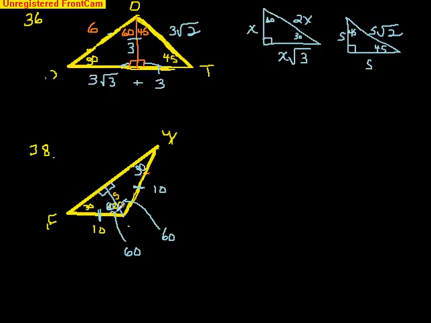So this side, the one opposite the 60, is whatever the one opposite 30 is, 5 times the square root of 3, and this one's going to be 5 times the square root of 3. There might be other ways to do this. And so this side right here is going to be 10 square root of 3. And so we have all of our sides, 10, 10, 10 square root of 3.